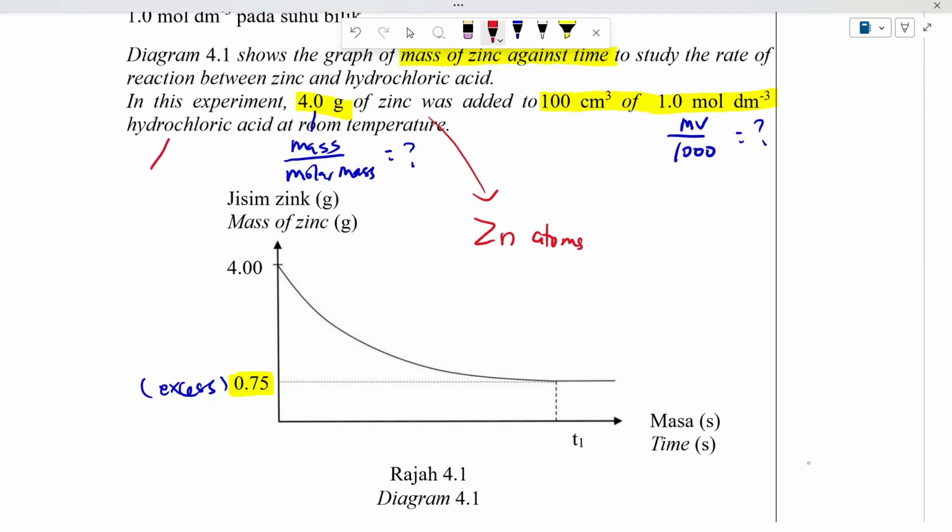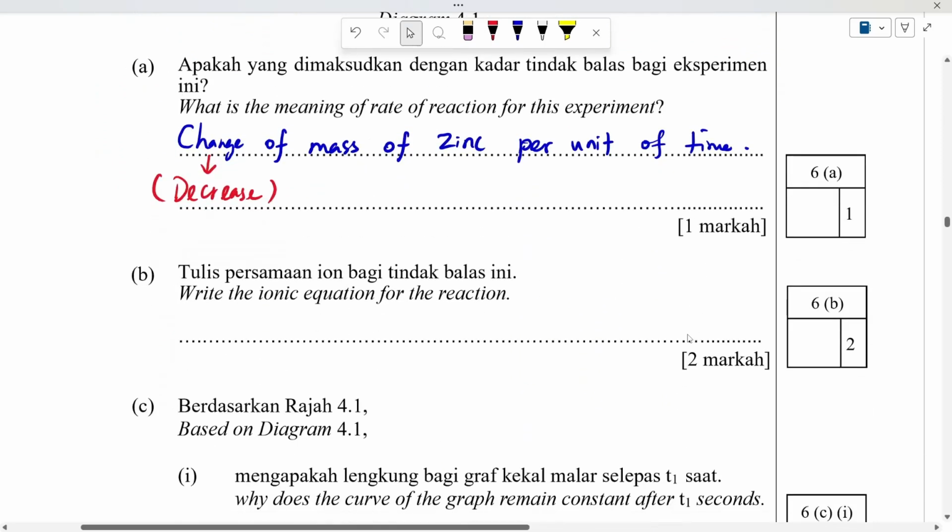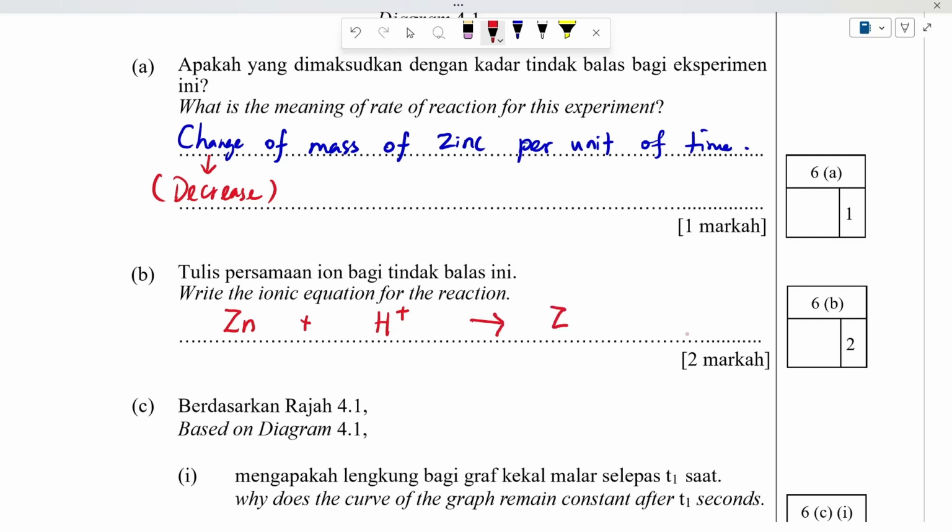Then for the acid, hydrogen ions, right? So roughly we know zinc atoms react with hydrogen ions. So you produce what? Zinc ions and then hydrogen gas. Then how do we get this ionic equation?